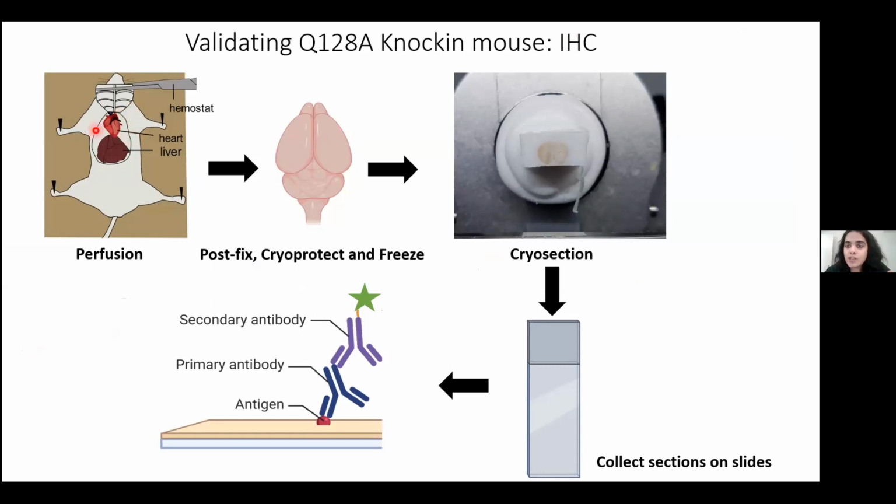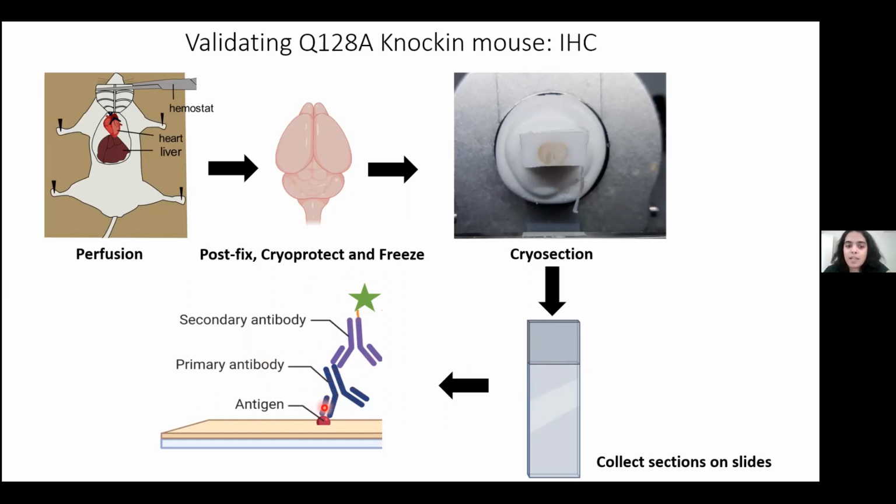So once you flushed out all the blood to prevent autofluorescence, you fix the brain by injecting PFA, paraformaldehyde, through the system, let it circulate, dissect out the brain, cryoprotect it to prevent damage from freezing, and then you freeze the brain and you collect sections from the brain and use immunofluorescence.